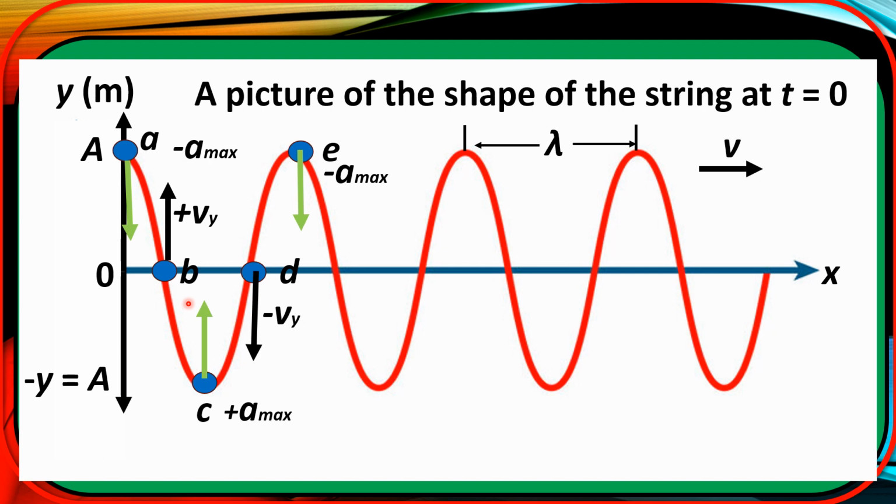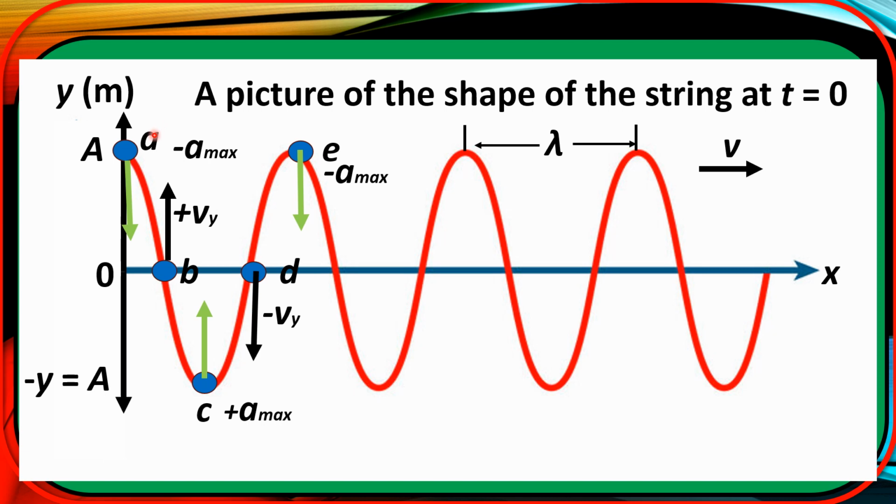And the acceleration at this position is 0 because the net force acting on the particle is 0. At the maximum positive or negative displacement, velocity v sub y is 0, and acceleration a sub y is maximum.